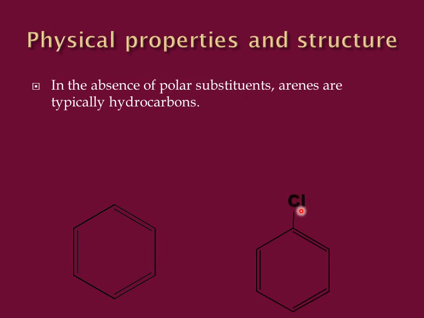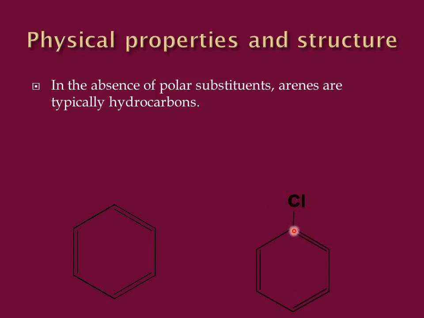For example, chlorine over here: due to the addition of chlorine on the benzene ring, which is typically a hydrocarbon made up of carbon and hydrogens only, polarity is induced due to the difference in electronegativity of carbon and chlorine.